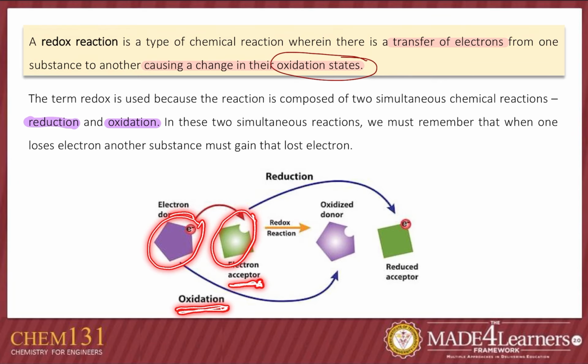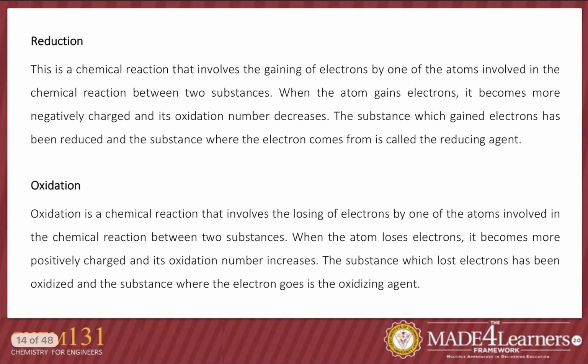So there is one that gave and one that received. So it's oxidation and reduction, and these two reactions always go together. One cannot exist without the other. Okay? The reduction is a chemical reaction that involves the gaining of electrons.